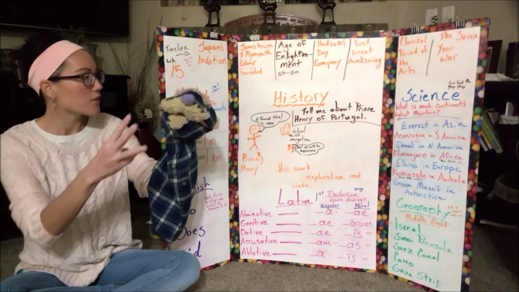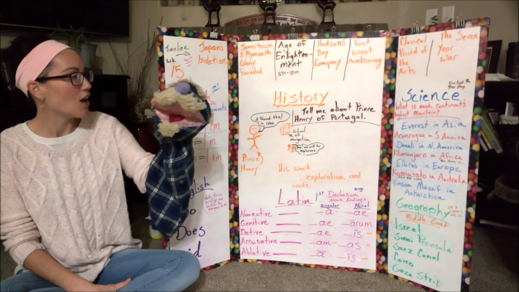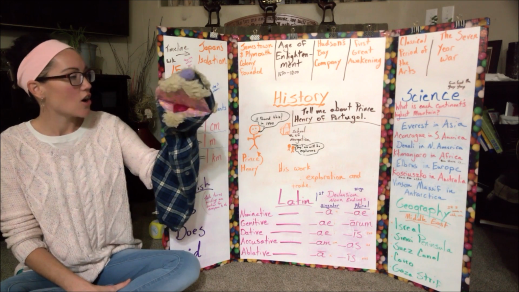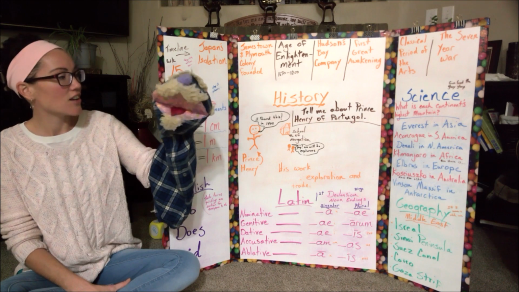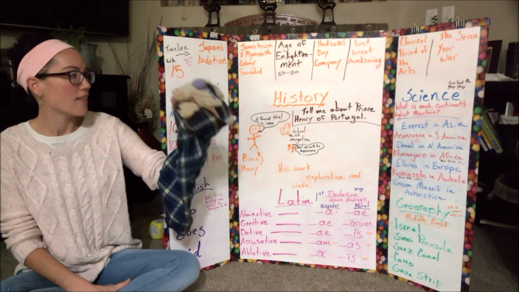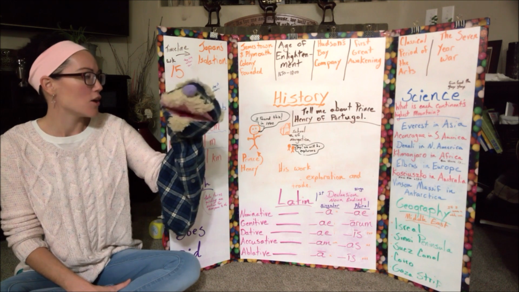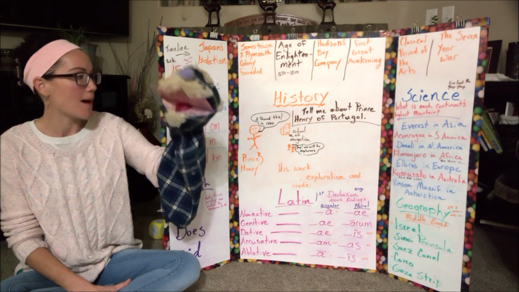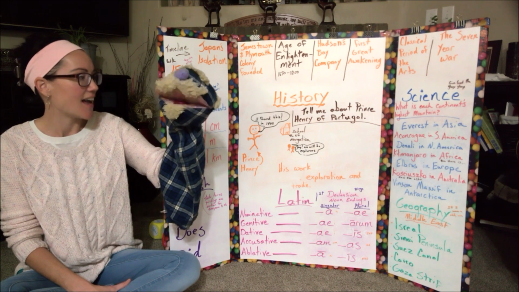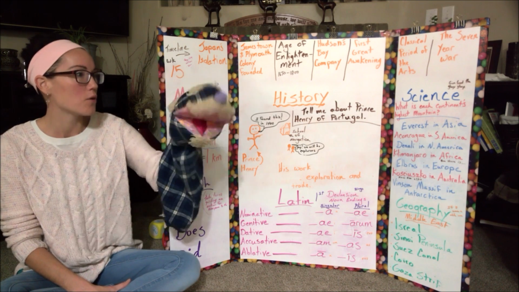There are 3 more, like Elbrus in Europe, Kosciuszko in Australia. Whew, that's a mouthful. One last one is Vinson Massif in Antarctica. Whew.